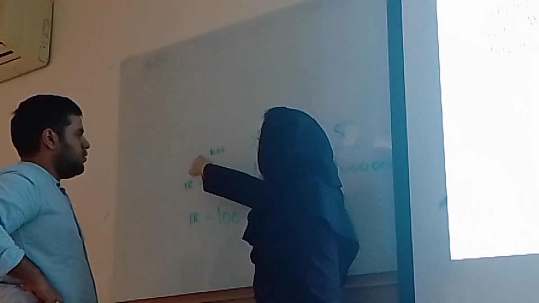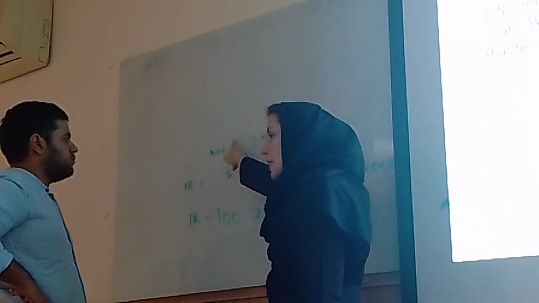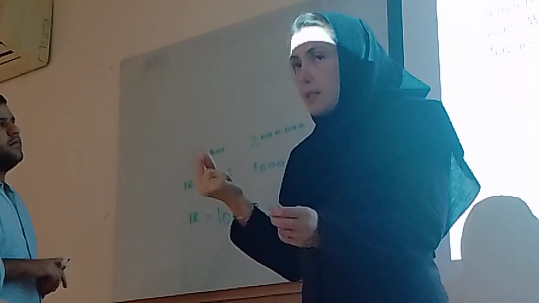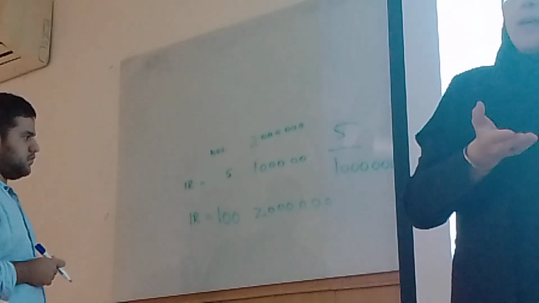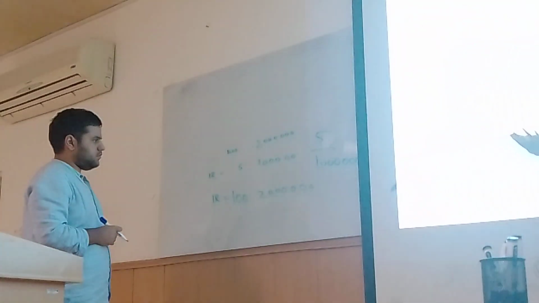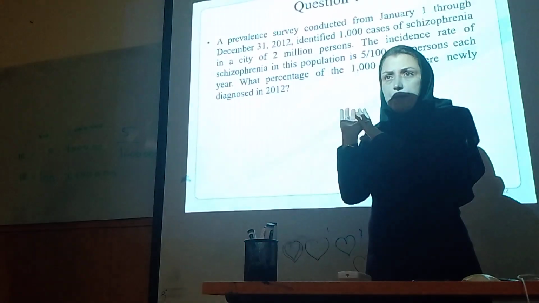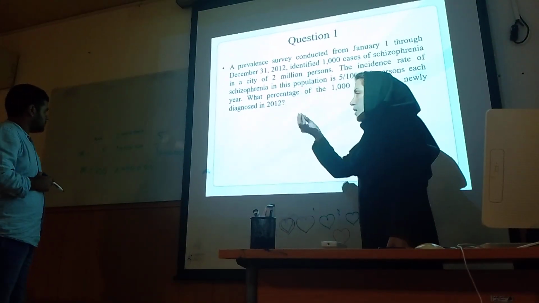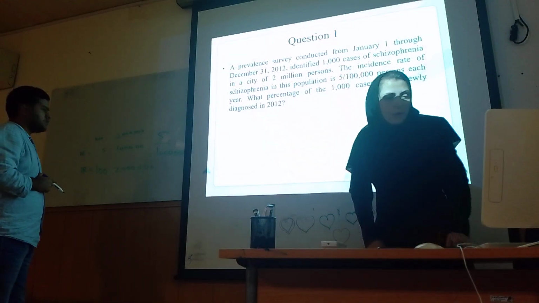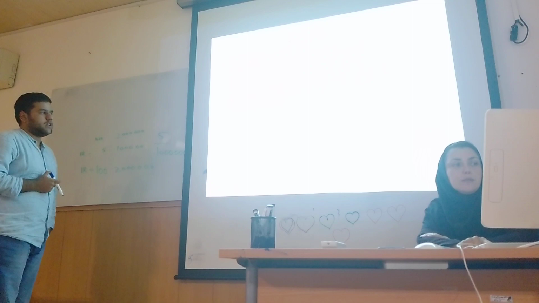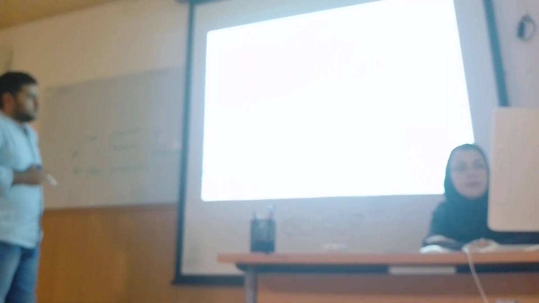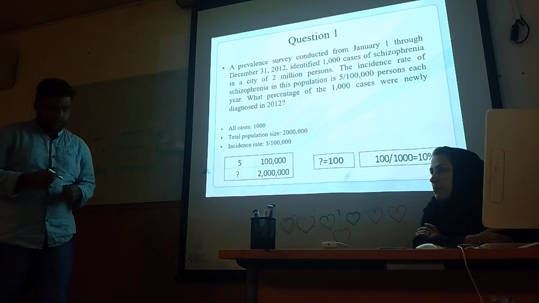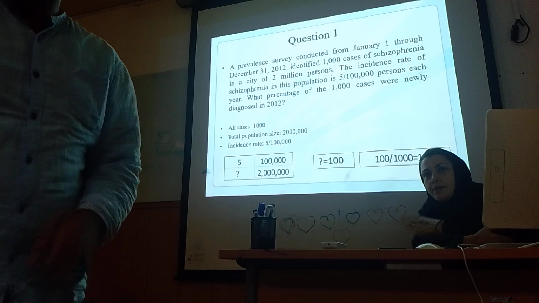It means that among those 1,000, a hundred are new, and 900 were diagnosed with schizophrenia at a previous time. Newly diagnosed are 100. What is the percentage of 100 among 1,000? 10%. 10%, exactly. Very good. Thank you very much. Clap for him.